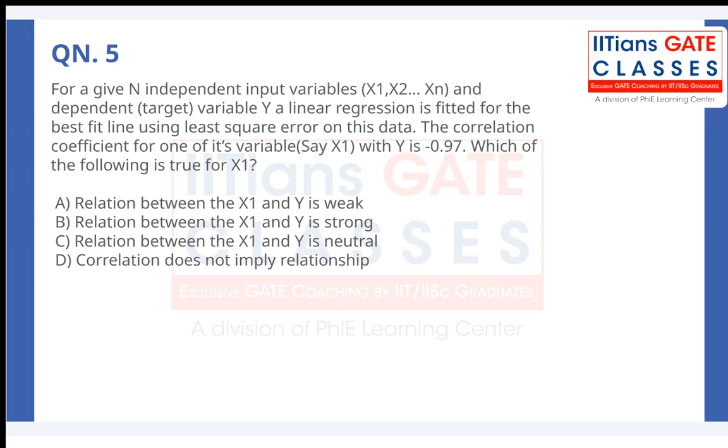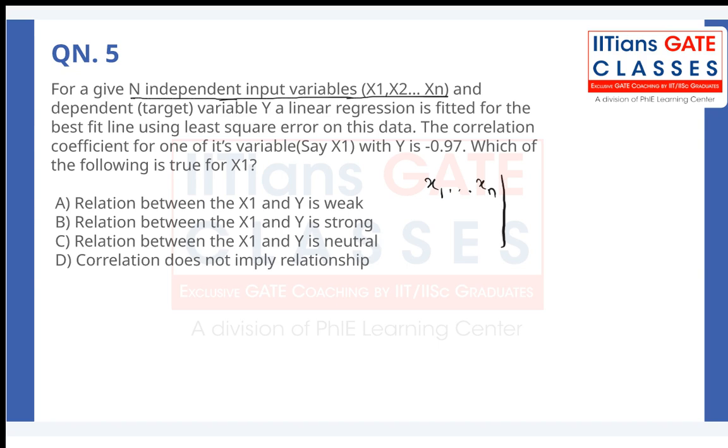So first let's understand the question, then we will solve it. The main thing is to understand the question. You are given n independent input variables from x1 till xn, which means there are n features in your data set.